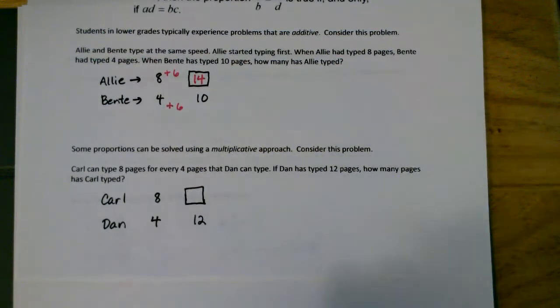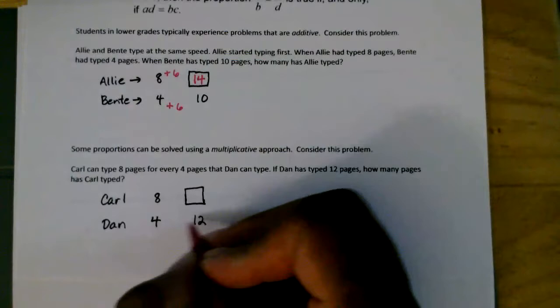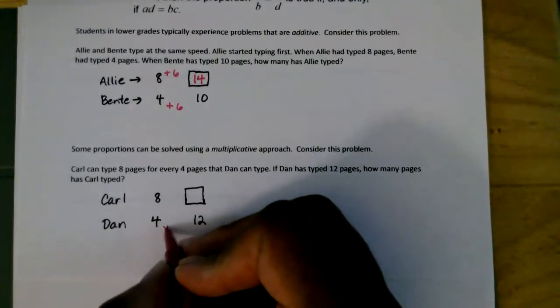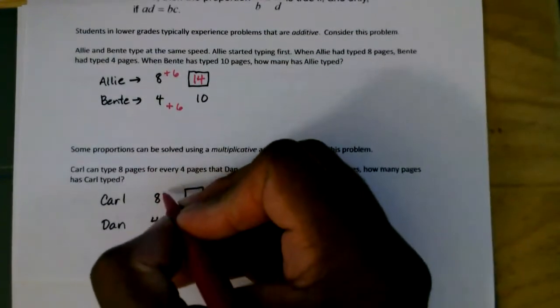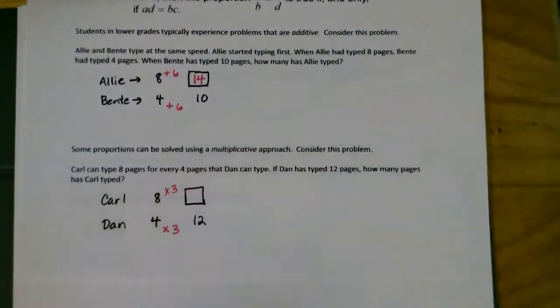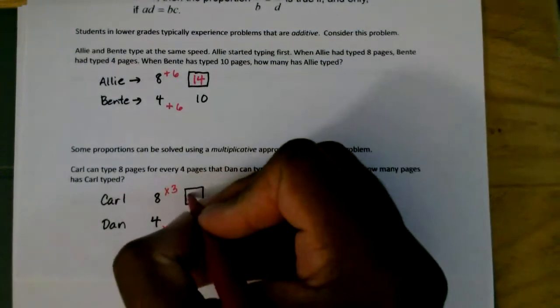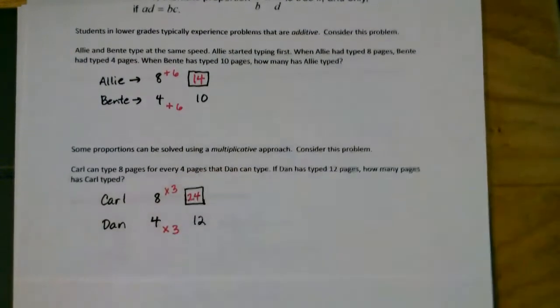Well, using the multiplicative approach, 4 times what number gives me 12? Must be 3. And that means 8 times 3, I have to multiply the number of pages that Carl has typed by 3. And 8 times 3 would be 24.